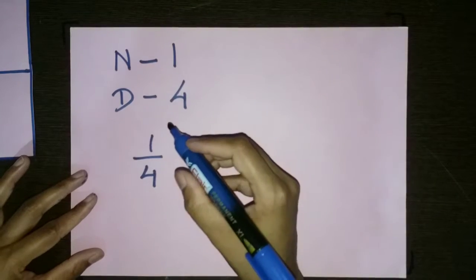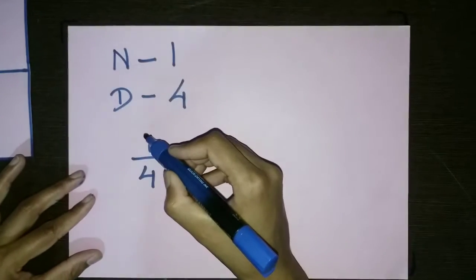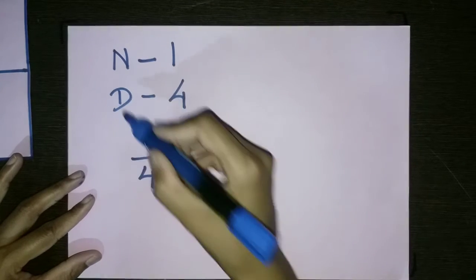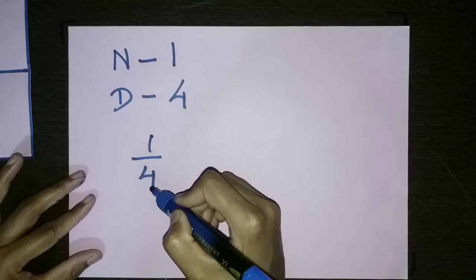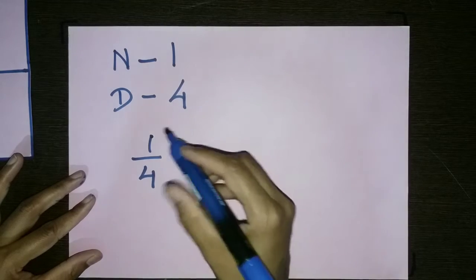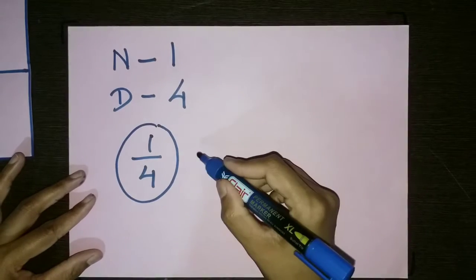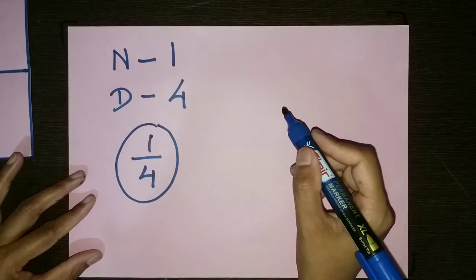It means the numerator is the number of parts being considered for the shaded part, and the denominator, this 4, indicates the total number of parts. So here I can easily say that this is the fraction for the shaded part.